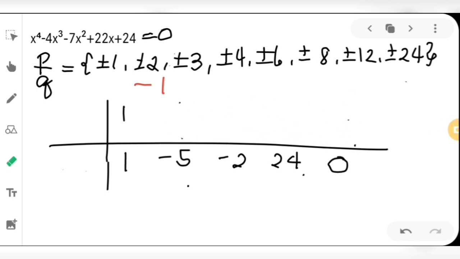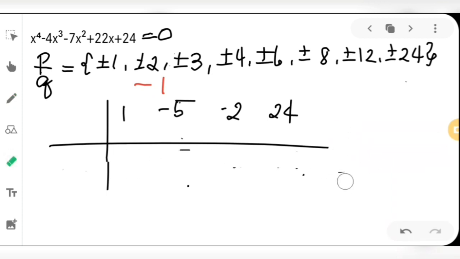Now let us try another number. Okay, let us try negative 2. So again, this is trial and error. So bring down 1. 1 times negative 2 is negative 2.